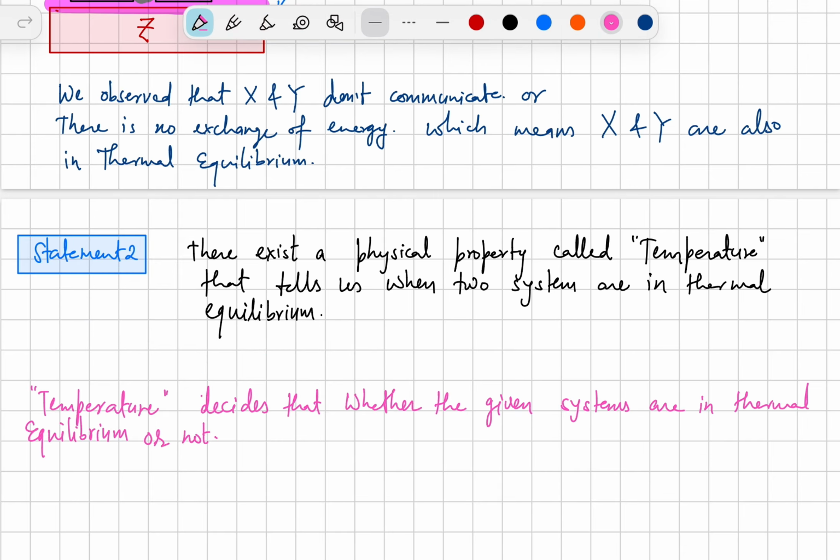Like we have seen that pressure decides whether two systems are in mechanical equilibrium or not.